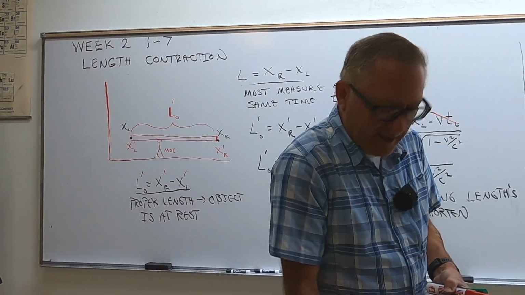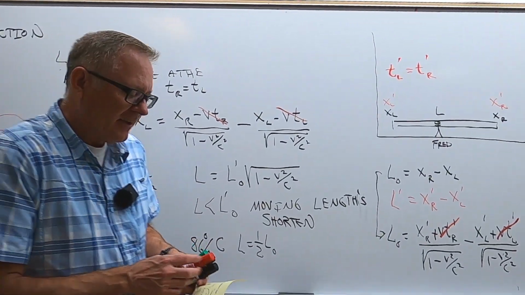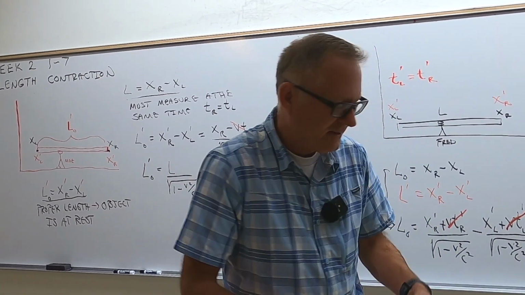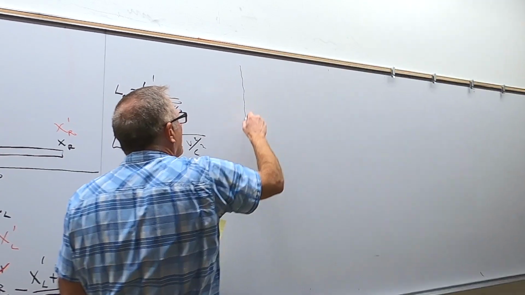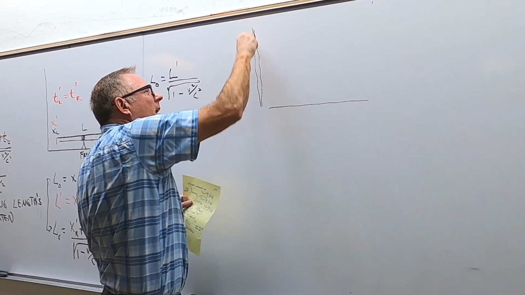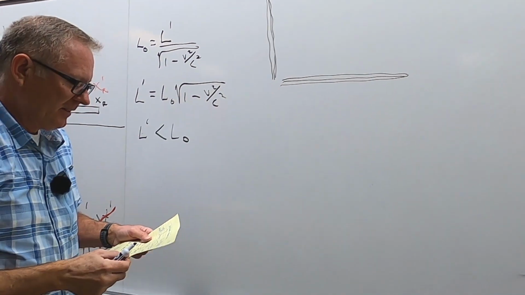Okay, so now that we have this, we can go back to our Michelson-Morley experiment and explain why his results weren't that good. Why he couldn't find anything. Well, remember, we had this place where the light went up and back down, and over here, this light went back and forth.